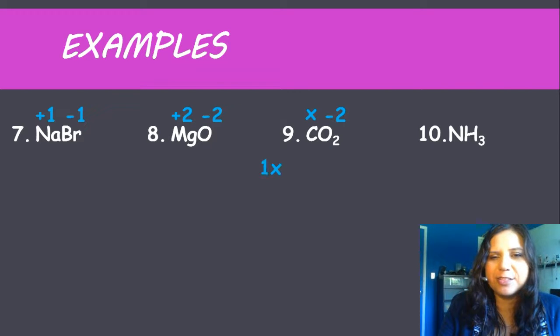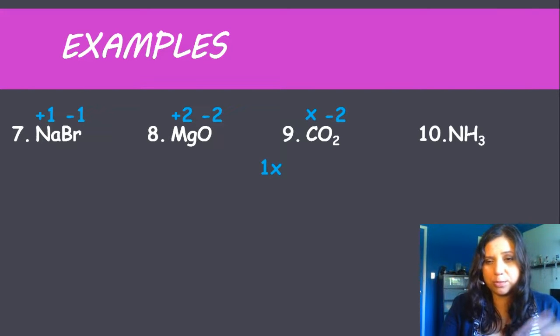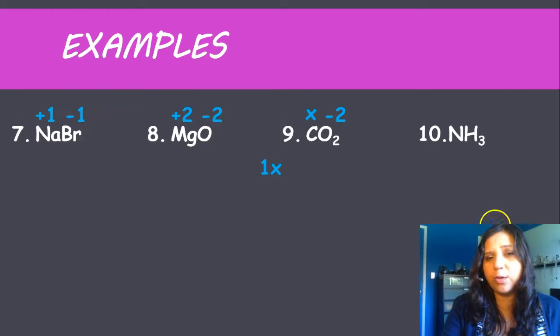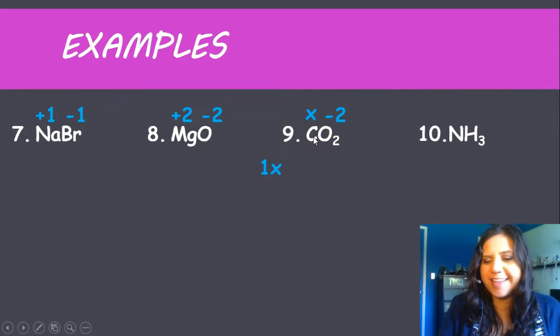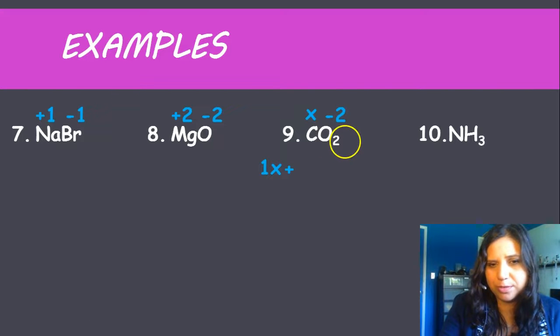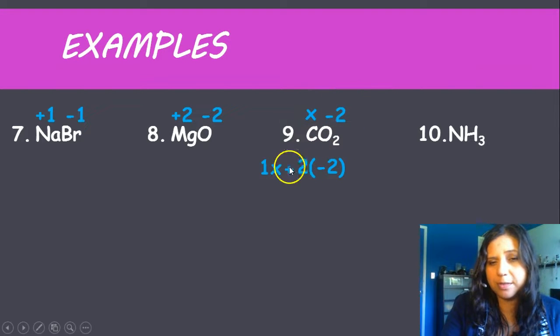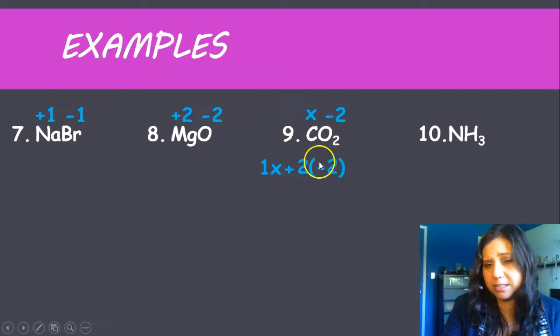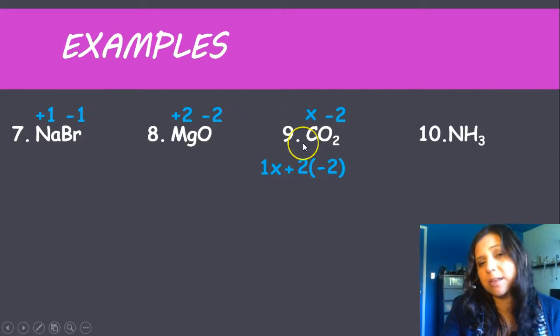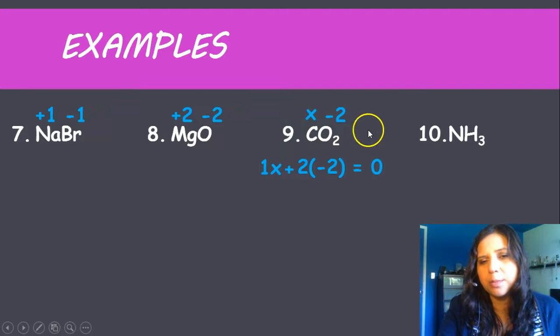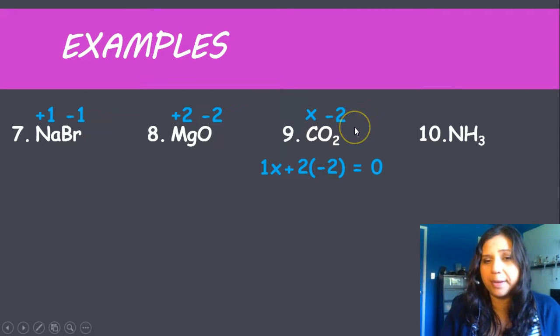Okay. So I have 1 times X, because I have only 1 carbon. And then we're going to add 2 times -2, because of this 2. So the number of oxygens times its oxidation number, the sum of the oxidation numbers has to add up to 0 because I do not see a charge on this compound.